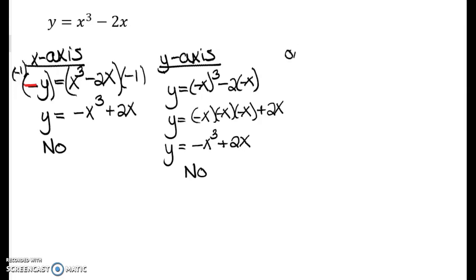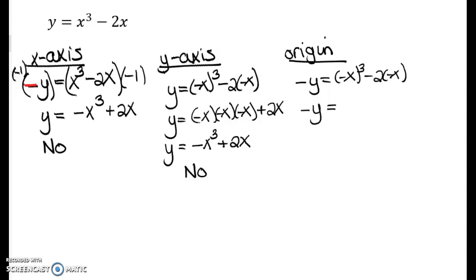And finally, for the origin symmetry, I'm going to replace both of them. Now the good part about this one is you've done most of the hard work. We already simplified the right-hand side on the previous problem, and we said this is going to be negative x cubed plus 2x. So I'm not going to show you all of the steps. Let's use what we already did.